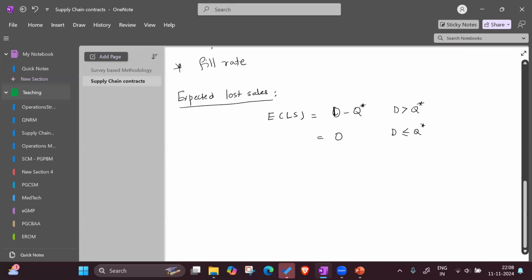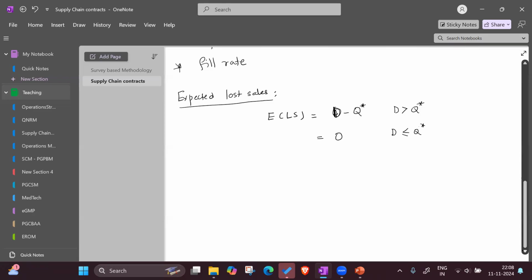Whenever my demand is greater than Q star, I will have a lost sale. And whenever the demand is less than or equal to Q star, the lost sale would be 0, because if I have more stock than the demand, there will be no lost sale. That is intuitive, right?